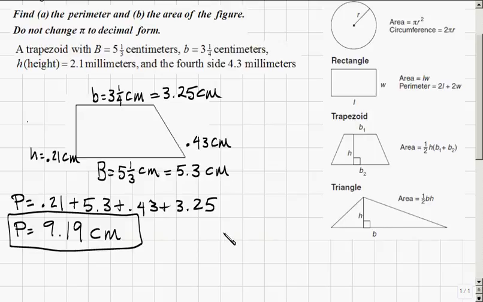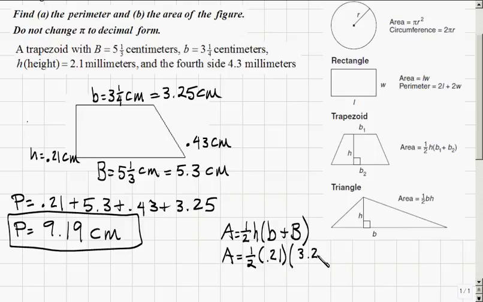First we'll write down the formula. Area equals 1/2 times h times, in our case, little b plus capital B. Plugging in, A equals 1/2 times 0.21 times little b, which is 3.25, plus capital B, which is 5.3.